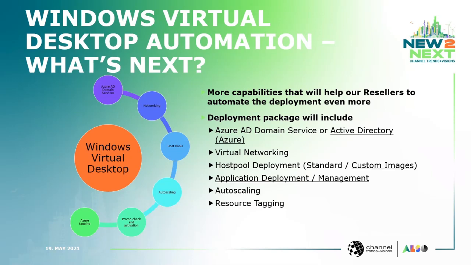Also, you can specify the virtual networking part. You can choose between the standard images that Microsoft is hosting, the ones with the current Windows version, and Microsoft is also adding something like an Office option or Microsoft 365 part. Or you can go with a custom image.